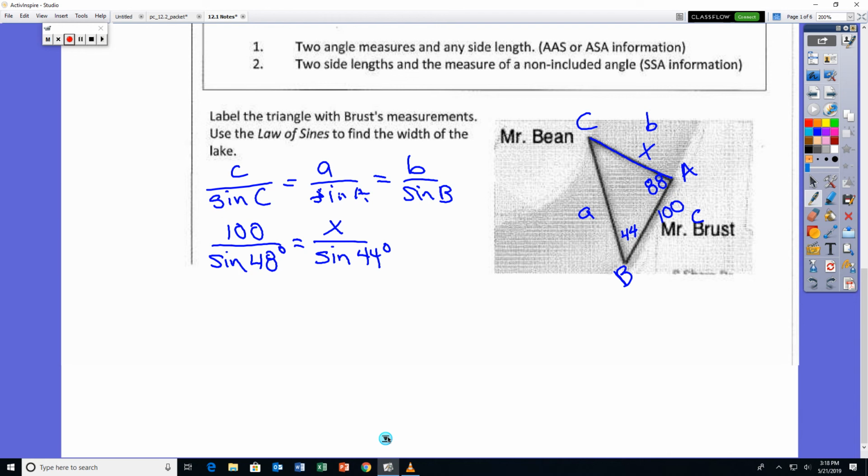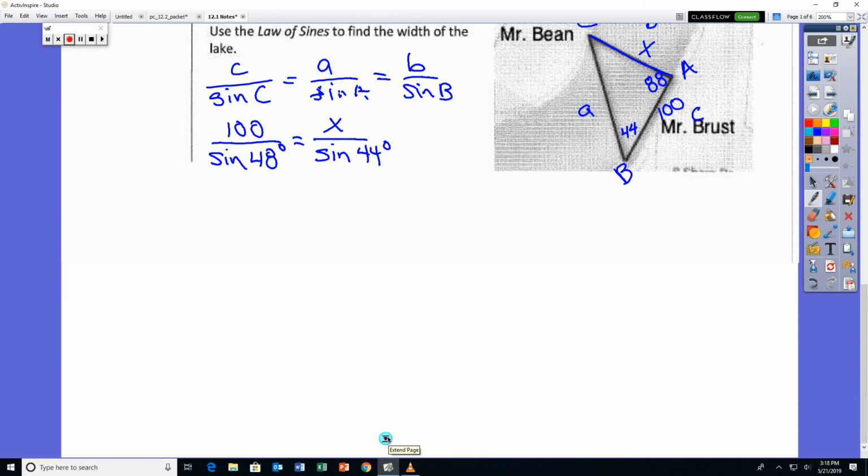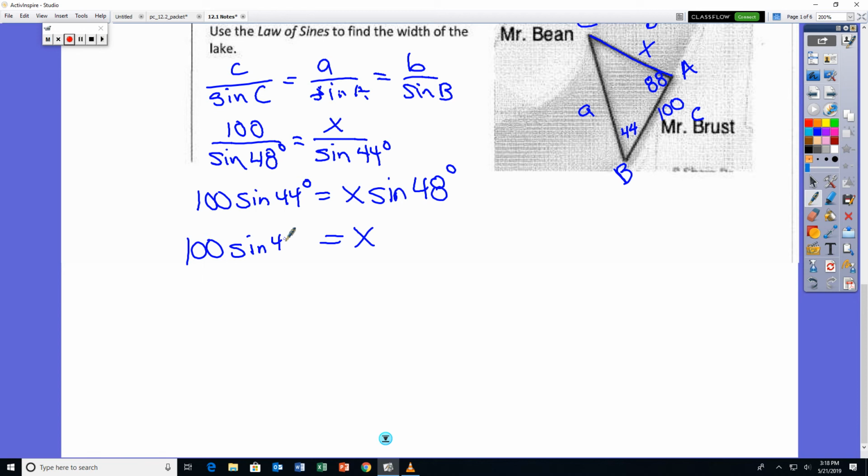So now to be able to solve this, first step, we can cross multiply: 100 times the sine of 44 degrees equals X times the sine of 48 degrees. Get X by itself by dividing. We have 100 times the sine of 44 degrees over the sine of 48 degrees.